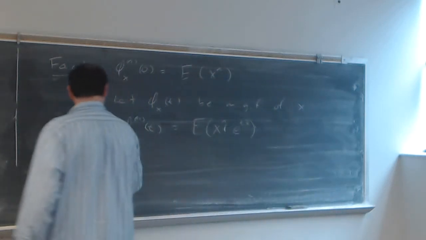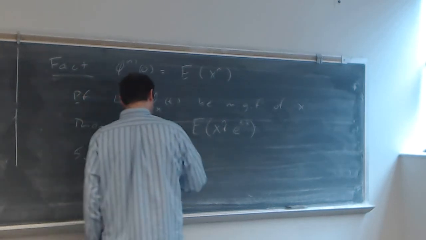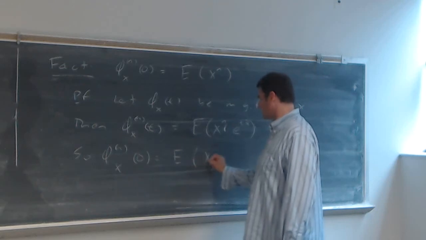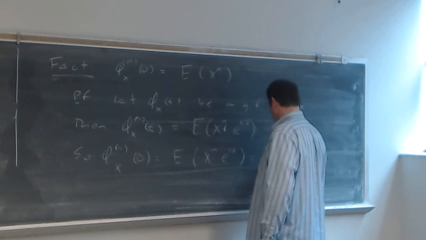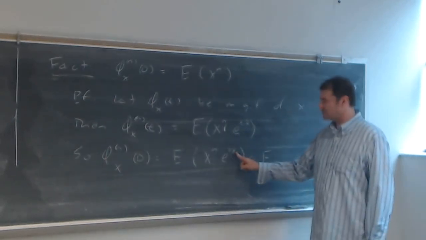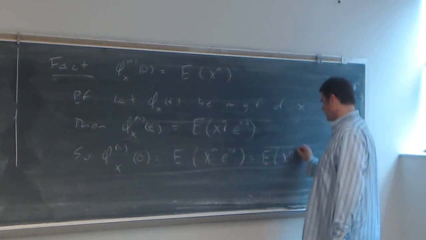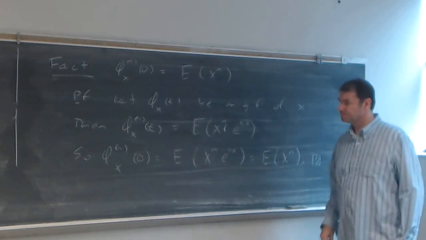So if you evaluate the nth derivative at 0, I'm letting t be 0. This is x to the n e to the 0x, which is the expected value. Well, 0 times x is 0. e to the 0 is just 1. So this is the expected value of x to the n. Well, that's what we wanted to prove. So there it is.